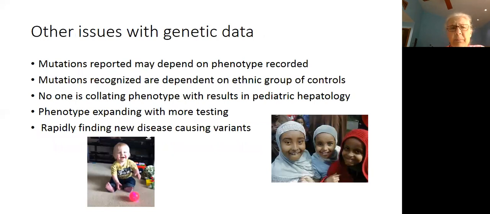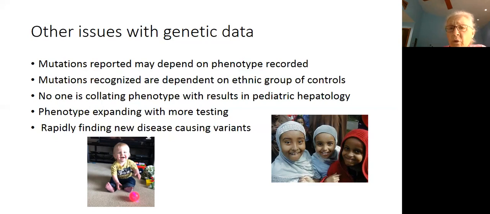There's lots of problems with genetic data. One of the problems is that my grandson is going to have a very different set of genetic mutations than somebody that was from Africa.